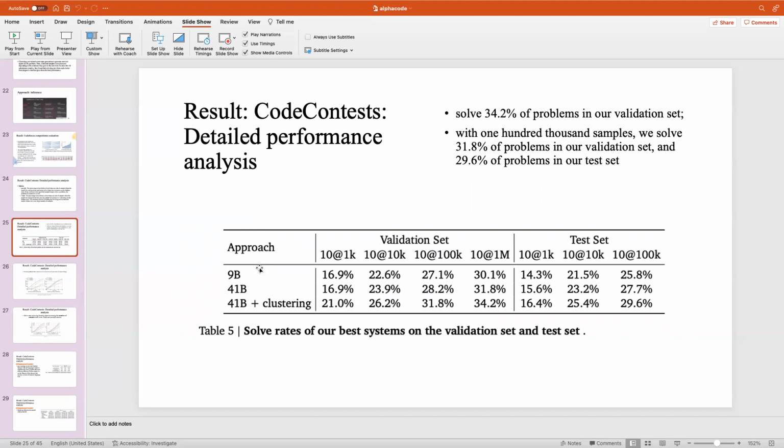With 100,000 samples, they solve 31.8% of problems in the validation set, and 29.6% of problems in the test set. So these are the solve rates for the models, and clearly the clustering is very effective in narrowing down the samples and finding the optimal solutions for the problem.